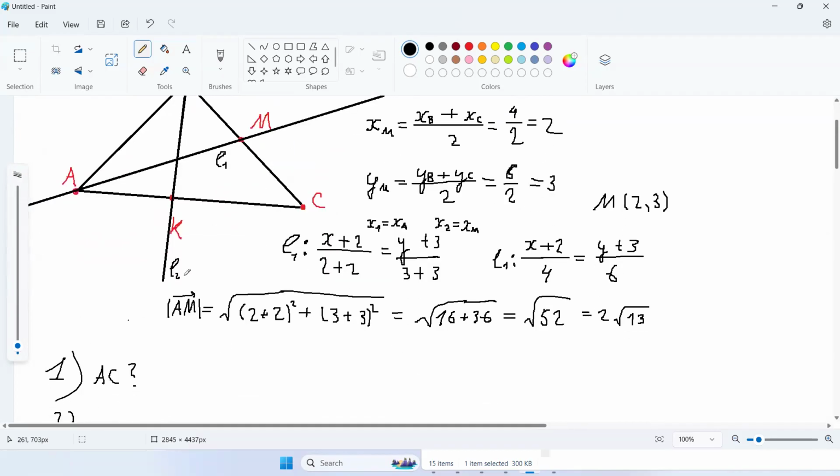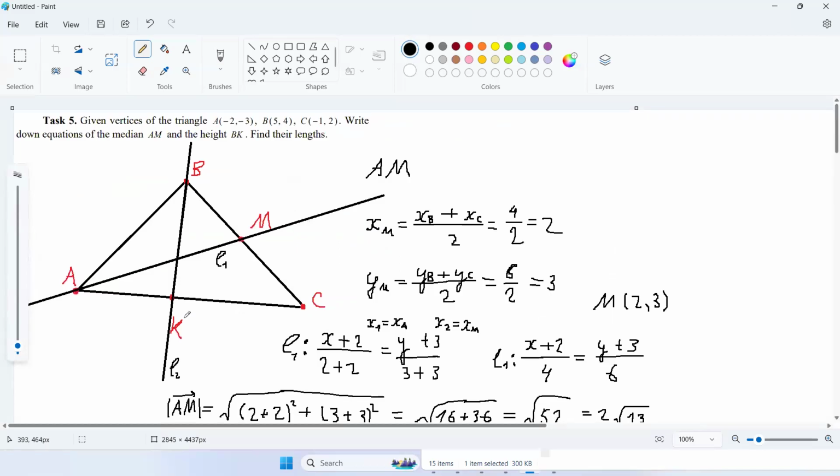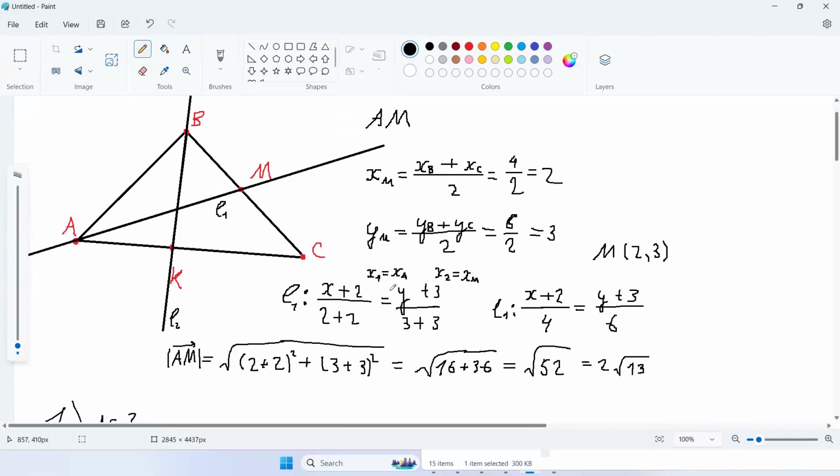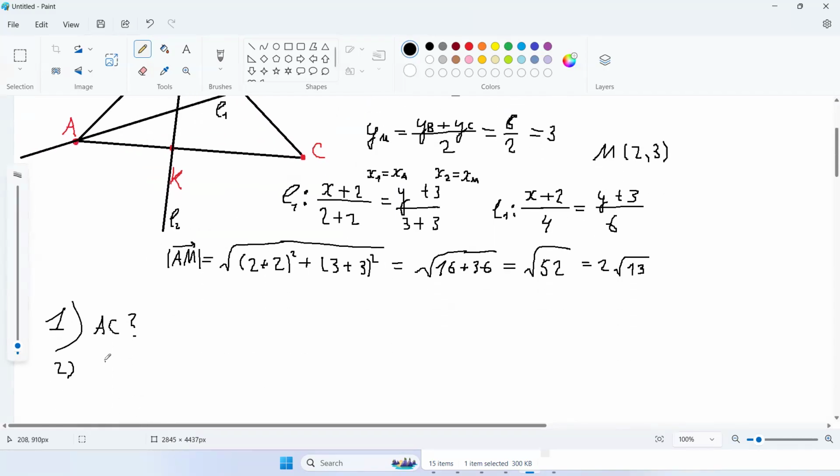So what if we find AC? What else can we receive? What will we need to find BK? Normal vector maybe. Yeah, normal vector, and we will find it from the equation of AC.